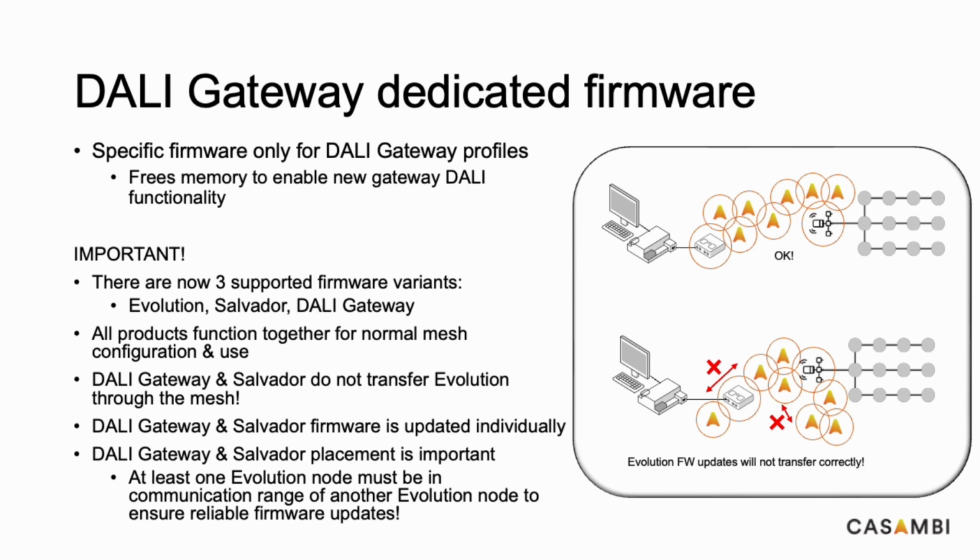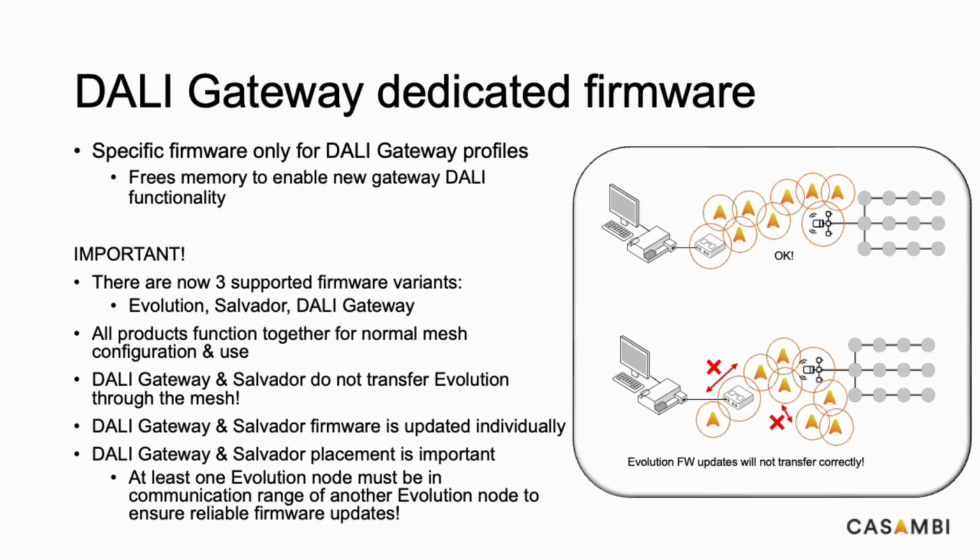The only difference with the Salvador firmware and the DALI gateway firmware is that it won't transfer Evolution firmware through the mesh. So for that reason, you have to be very careful where you physically position the Salvador and DCS when you're planning a network.